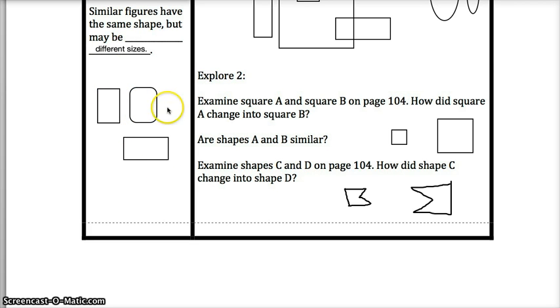Give me a yes or no sentence on this page, or just circle which two of these three shapes are similar. And then tell me these shapes are similar because, dot dot dot, and tell me why they're similar. Okay, so that is it for this lesson, and I will see you in class very soon.